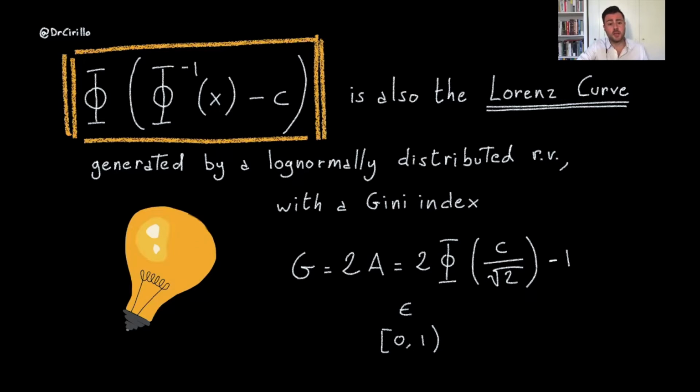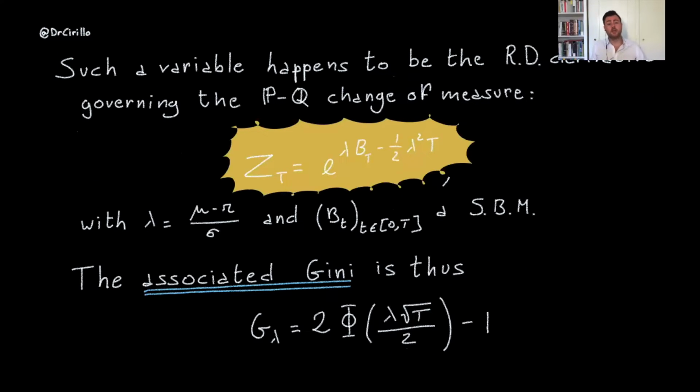At the end of the day, we can easily verify that the random variable that generates the Wang transform, if we read the Wang transform as a Lorenz curve, and that is also the connection between our P and our Q measure, is nothing more than a Radon-Nikodym derivative.